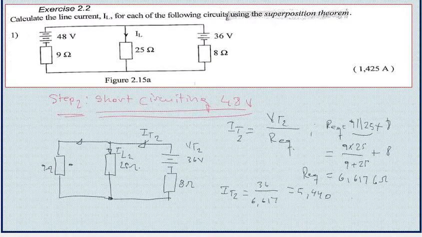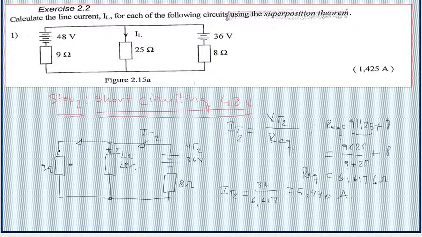Since we are calculating the current, the unit is supposed to be amp. So that is the total current coming. Now if we know the total current, that total current will cross this set of resistors.